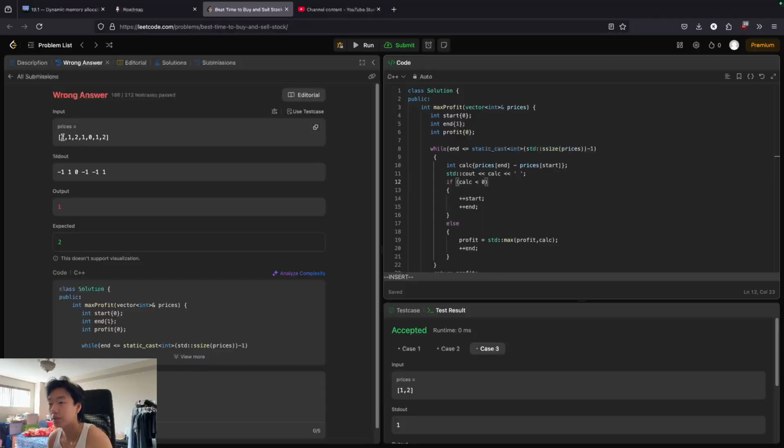So here we have 2 and 1, we get negative 1. Okay, and then 1 and 2, that'd be 1, and then we check this one, and that would not be good. So we move both of them. It'll be 0 and 2.